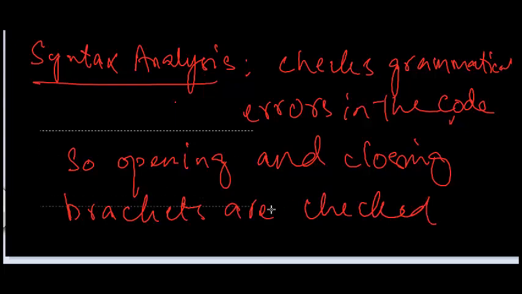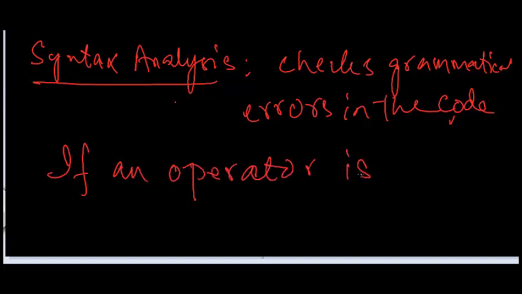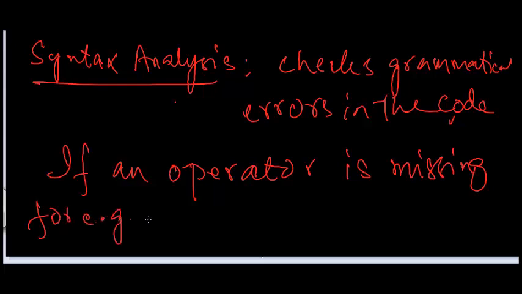It is also checked, for example, if an operator is missing. For example, x plus y equals 6 was mistakenly typed as xy equals 6, right?